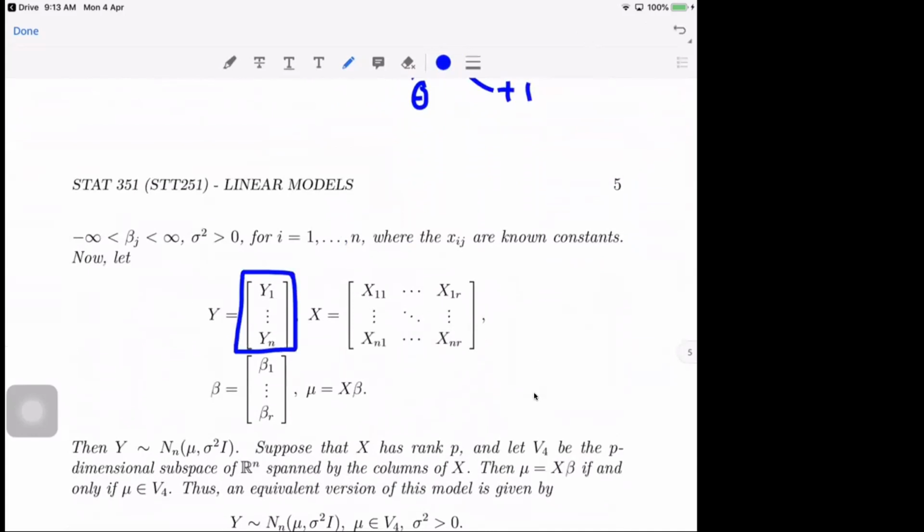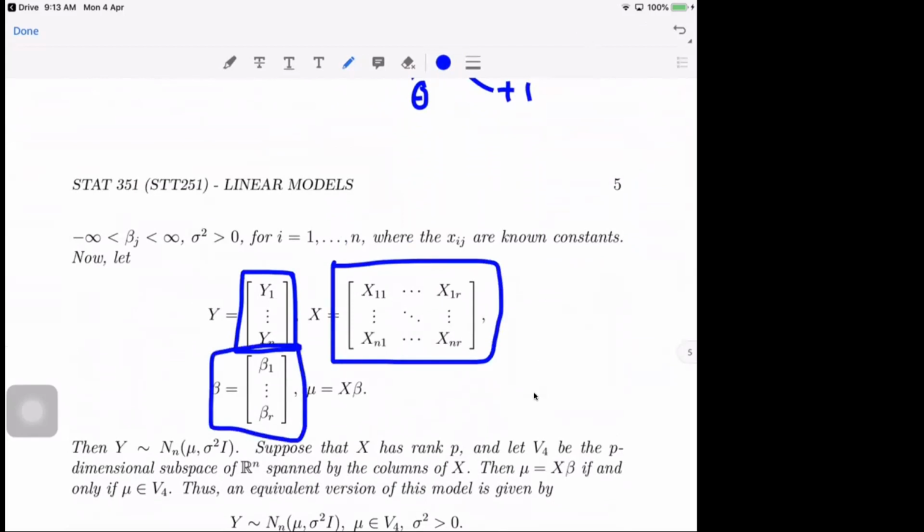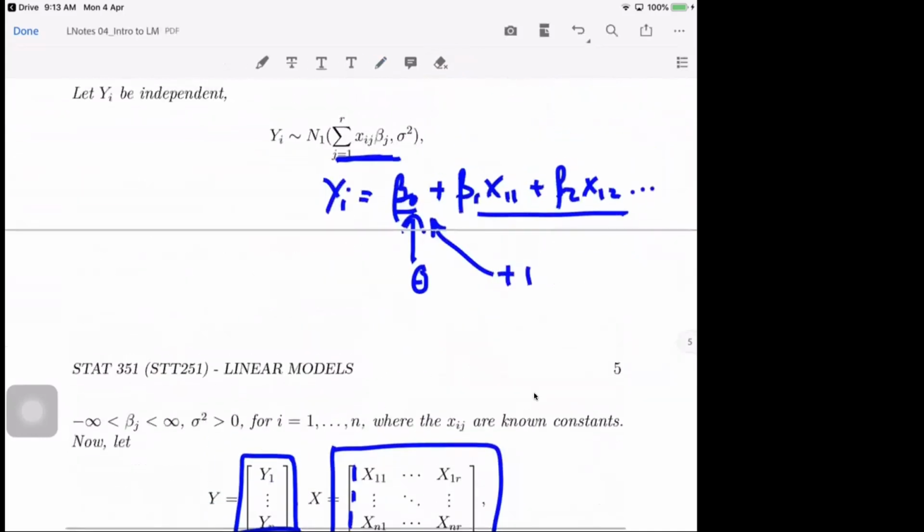Your y is from y1 to yn, and then you have your matrix there and your betas. Here, it starts only at beta 1, but you can always add a beta null here. But your design matrix here will be added with a column of 1s, no? So if you want the model, it is just this.